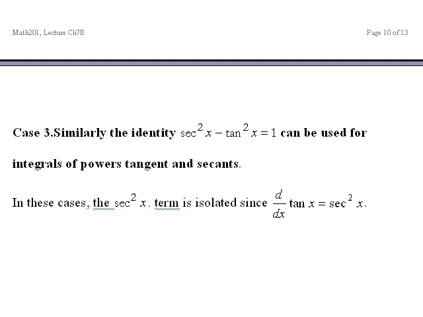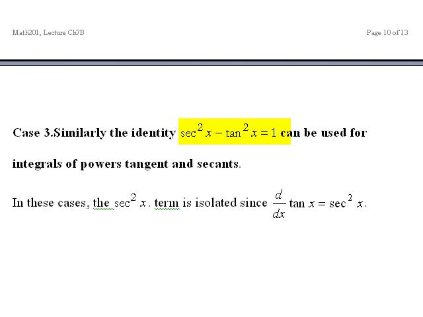I'm just going to mention briefly integrals that have secant squares and tangents to various powers. In this case, we're going to use this identity: secant squared x minus tangent squared x equals 1, which is just a Pythagorean identity.